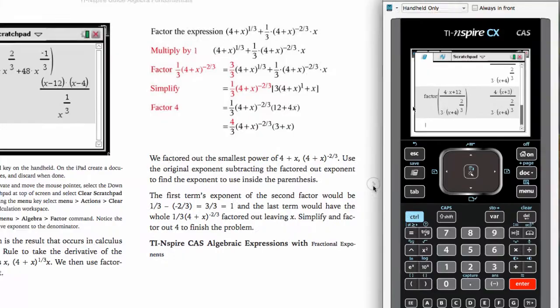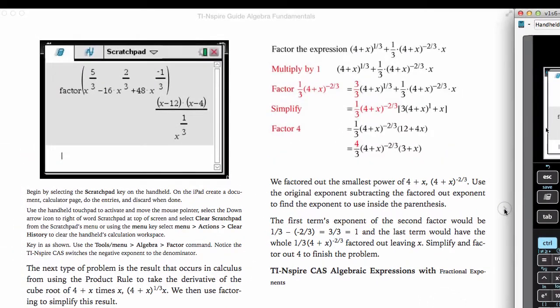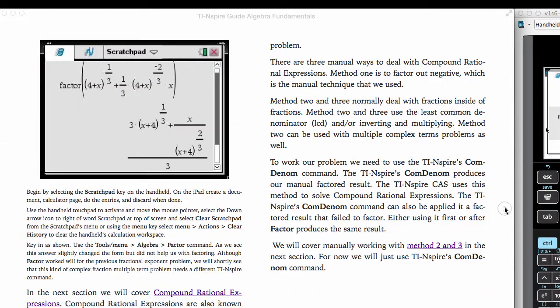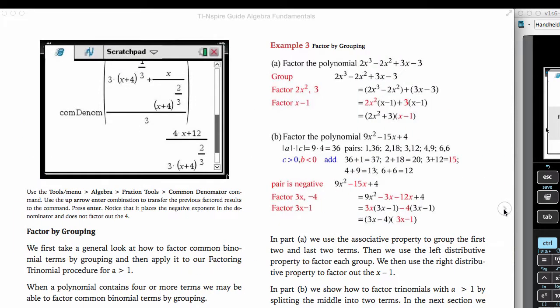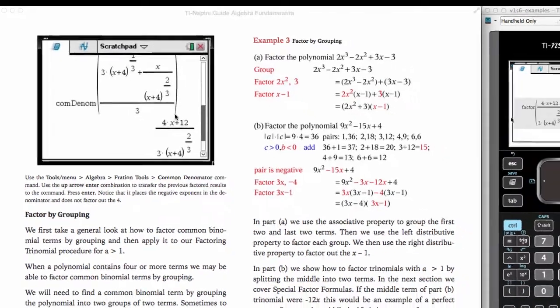Let's go ahead and take a look at the next page and some of the screenshots. They show us here when they did this with the factor command, turning out to be this answer. Then they show us using the common denominator with this particular one, but not using the last factor.